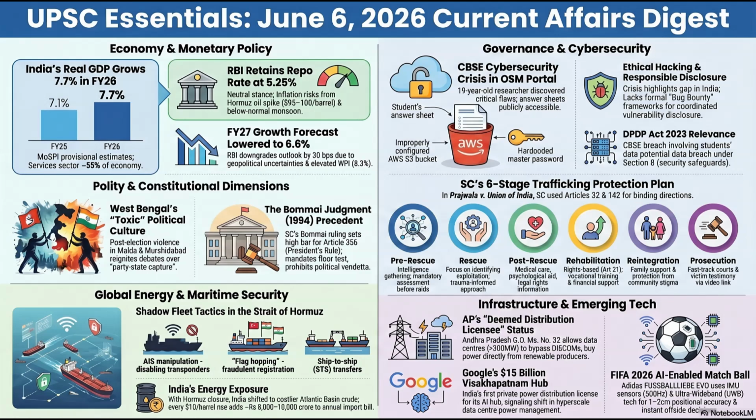Okay, let's isolate the final quarter of this data set because I think the timeline here is deeply significant. Q4. Right, Q4 of FY26 covers January, February, and March of 2026. And real GDP in that specific three-month window grew by a very strong 7.8%. It did. But anyone following global geopolitics knows that March 2026 is when the global board was violently flipped.